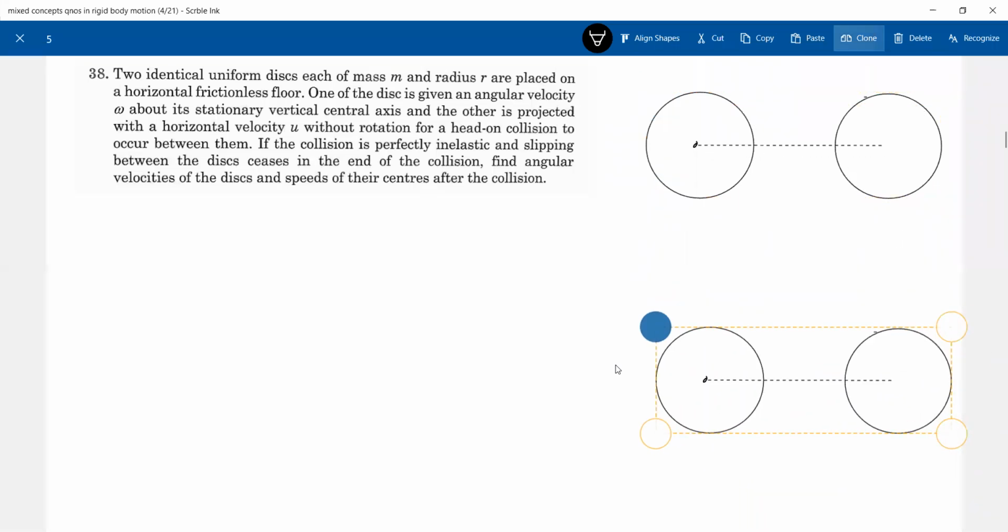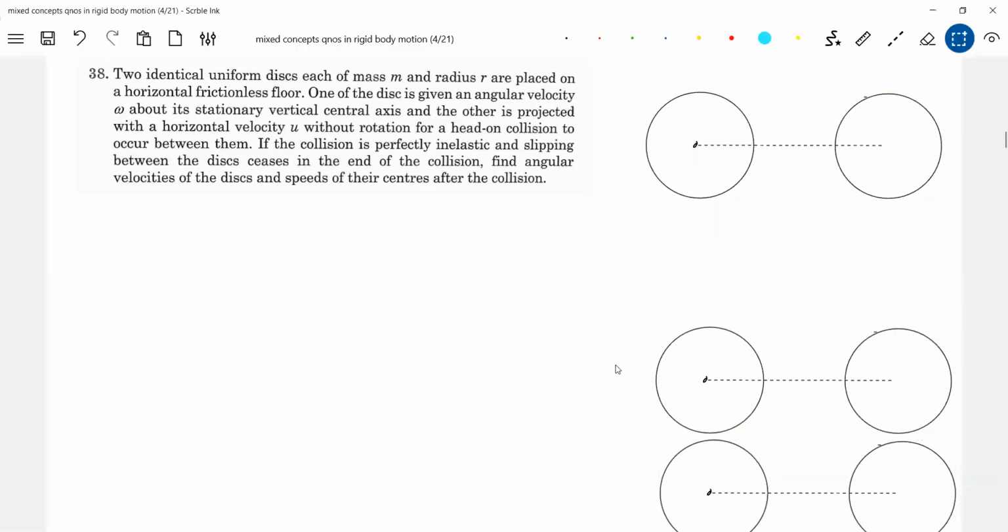Let me keep a spare. One disk is given velocity u. Let me call them O1, O2, and this is given angular velocity omega naught, let me call it u naught. Later on I'll change the symbol. Both have the same radius, r.